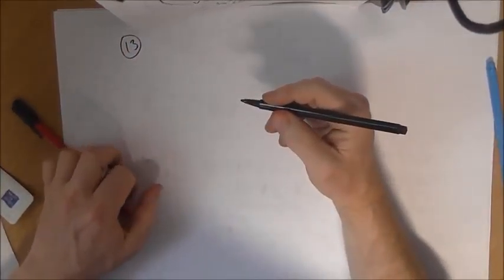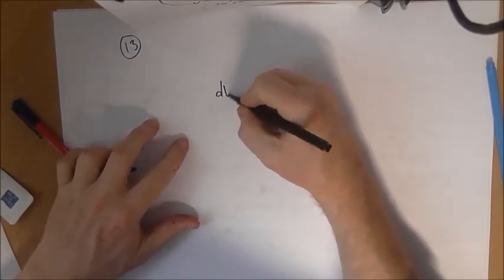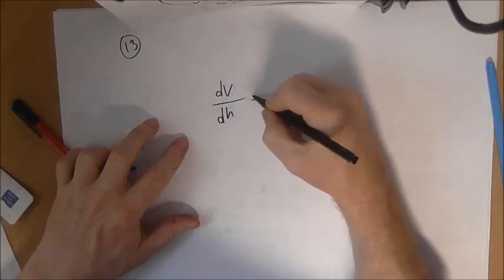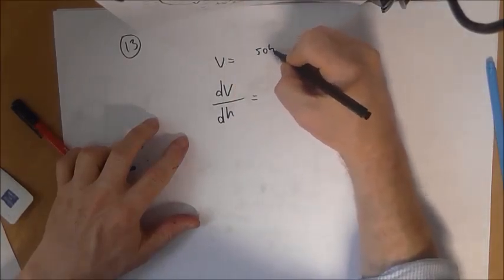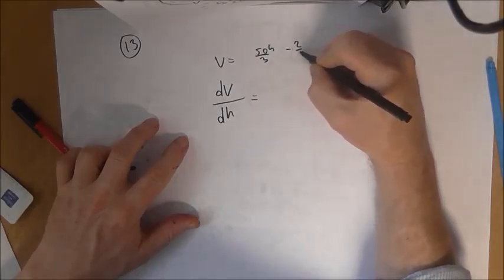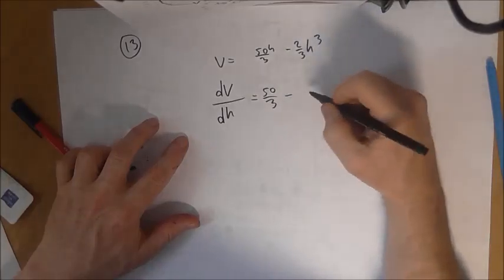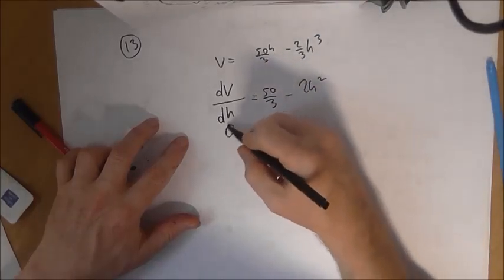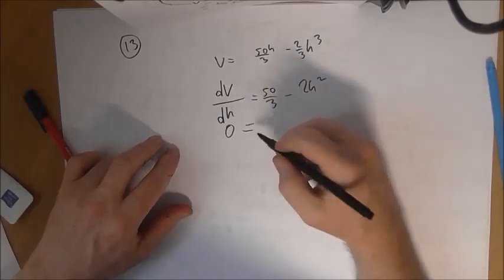Okay, so find the value of h which is a stationary value. Okay, well that's derivative. Let's get this ready for calculus first. Differentiate that, you get 50 over 3 minus 2h squared. You want to know where it's stationary? It's where the derivative is 0.